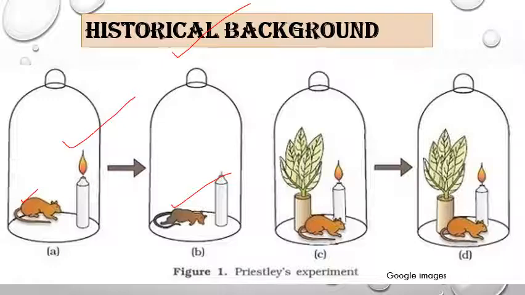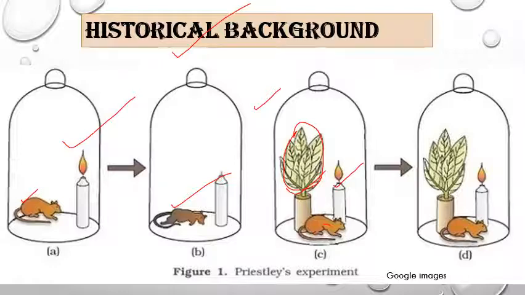In the next set of experiments, he placed a burning candle, a mint plant and a mouse inside the jar, and he observed that the candle was burning and producing foul air, which was purified by the green mint plant, and the mouse did not die of suffocation.